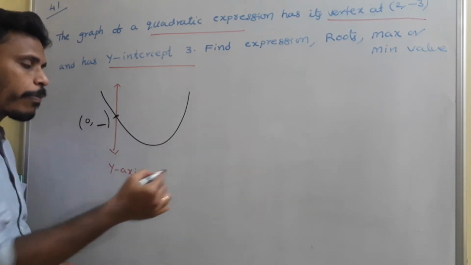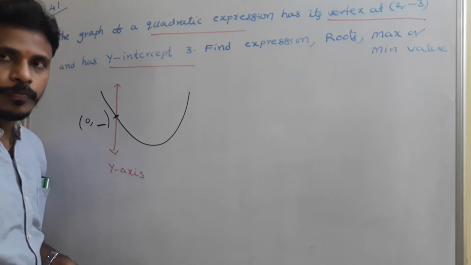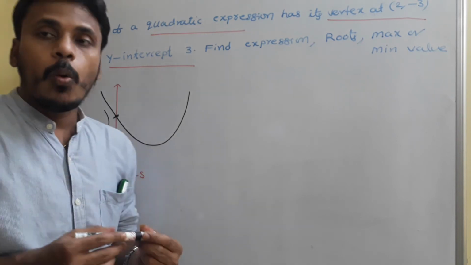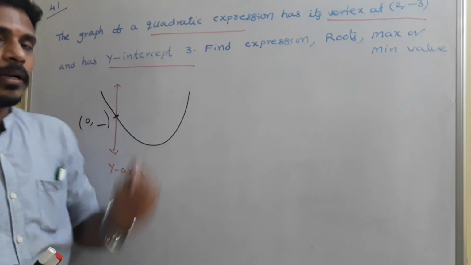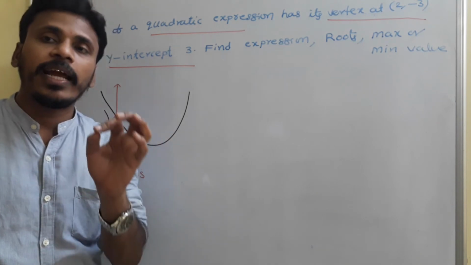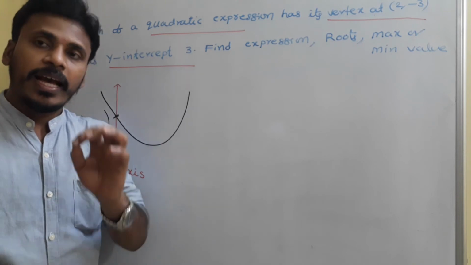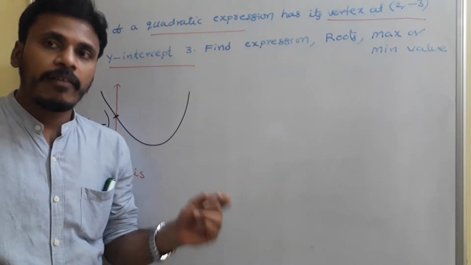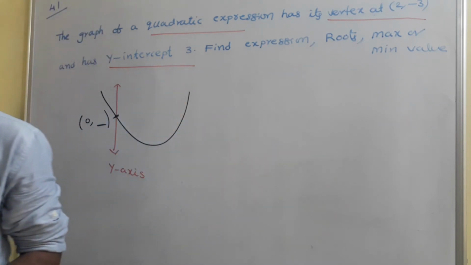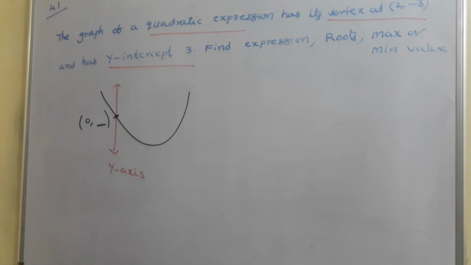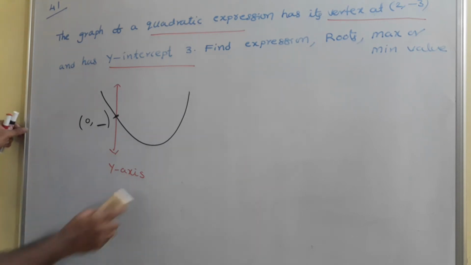A similar situation will happen for the downward parabola also. Simply to say, the y-intercept is the y coordinate of the point of intersection of the graph of the expression with the y-axis. There is a common point for the y-axis and the graph of the expression, and the y coordinate of that is the y-intercept.